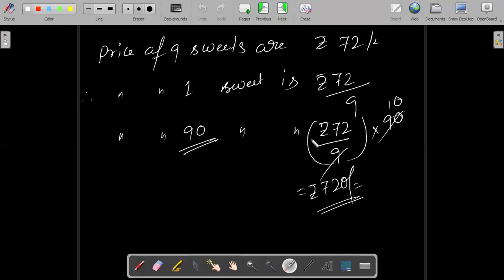Or we can simply say it with the whole fraction: multiplying the integer with the fraction means multiplying with the numerator and dividing by the denominator. Okay. So 72 by 9 multiplied by 90. Then after simplifying, we get the price of the 90 sweets as 720. Is it clear till now?